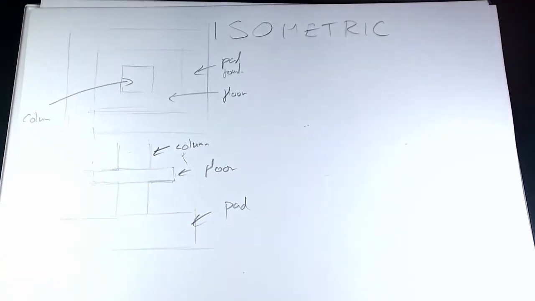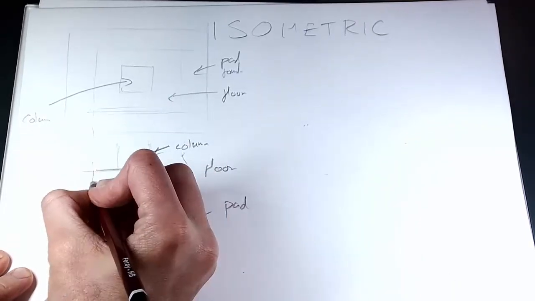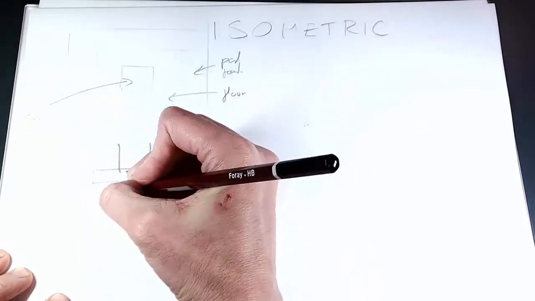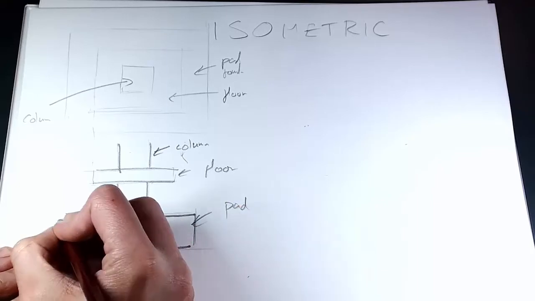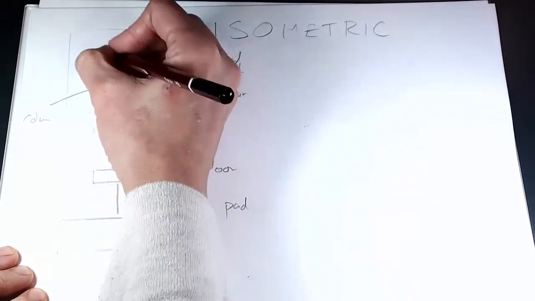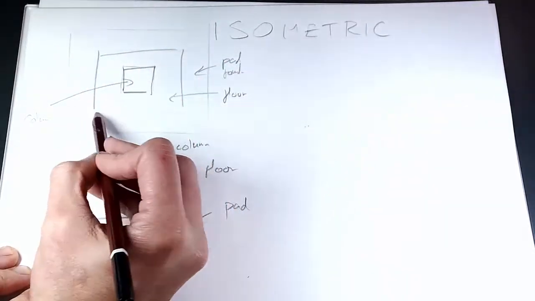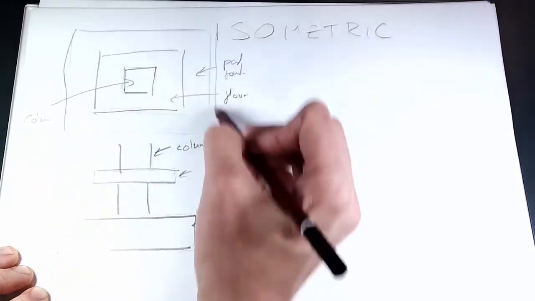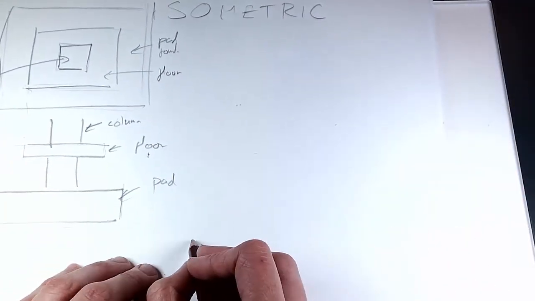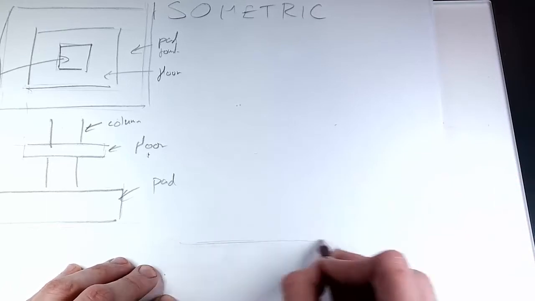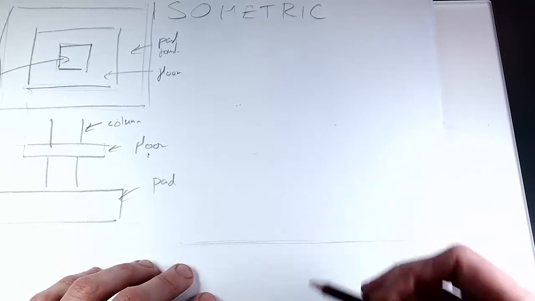Now I want to draw this in isometric projection, but the same kind of principles are going to apply here. I'll go over it a bit darker as well so you can see. It's not coming up very well. Okay. So we started with a horizontal line at the base, that can be handy.